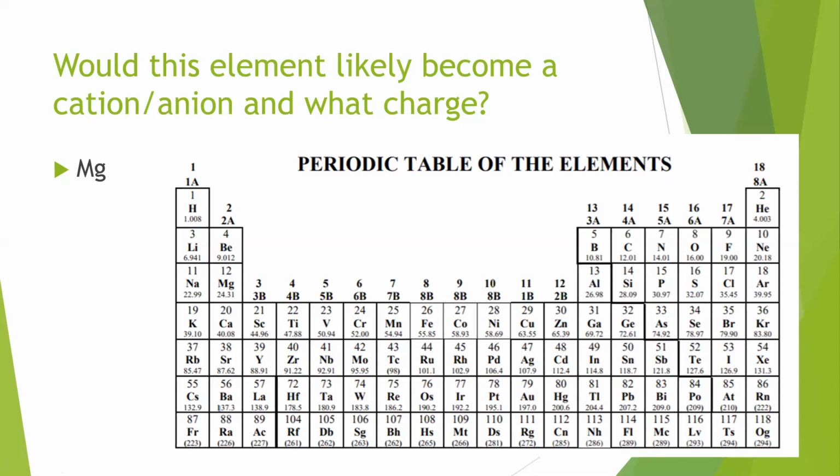Okay, I'll give you a few more seconds, but I'll help you find it. It's right here. This element is called magnesium. So would this element likely become a cation or anion? And what charge is it most likely to be?